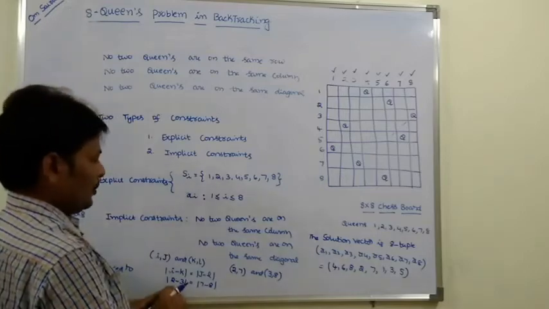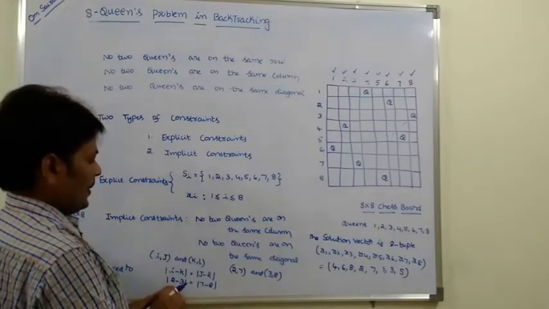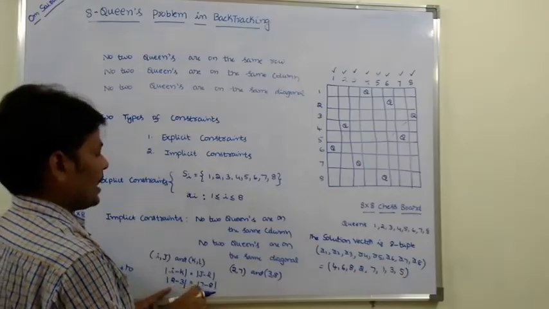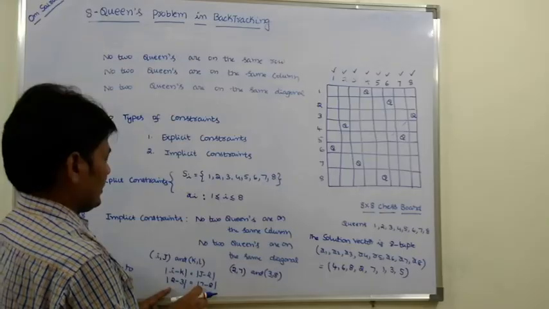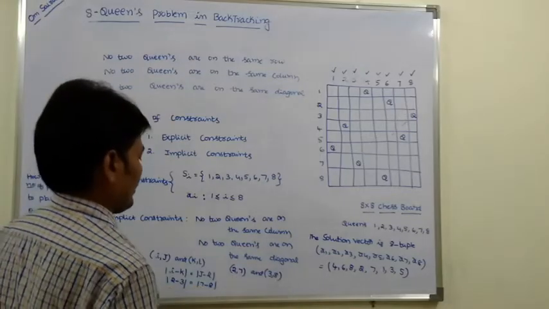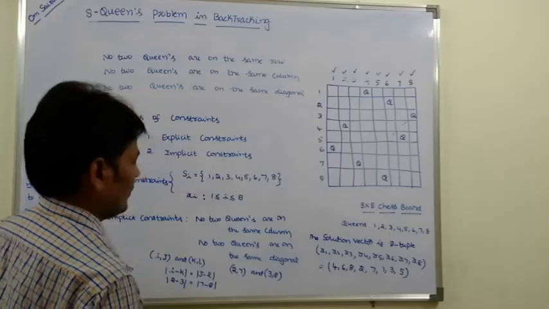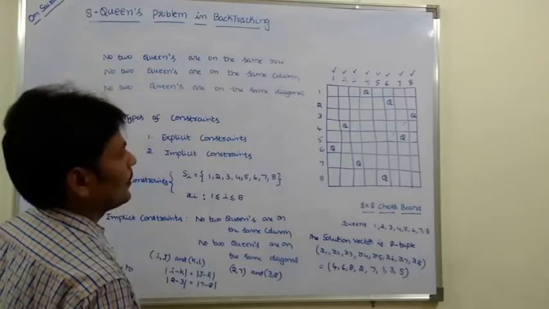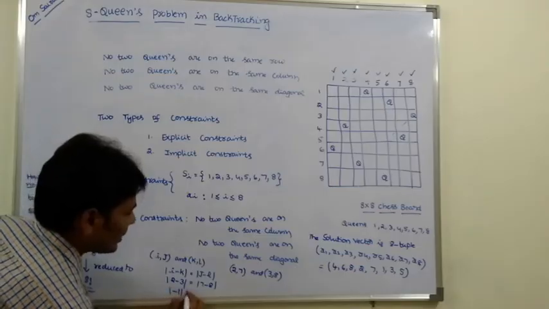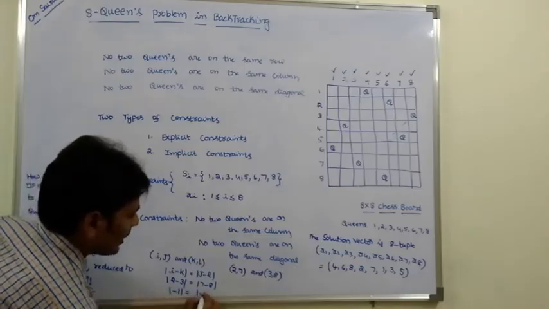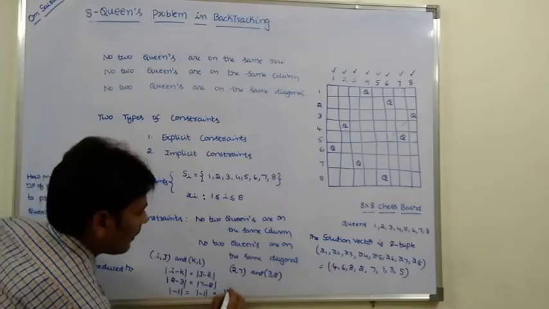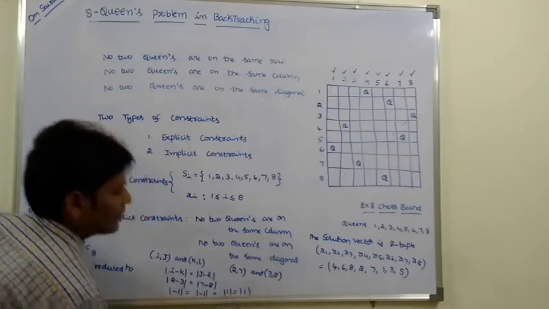So that is mod of minus 1 is equal to mod of minus 1, which is mod 1 is equal to mod 1.